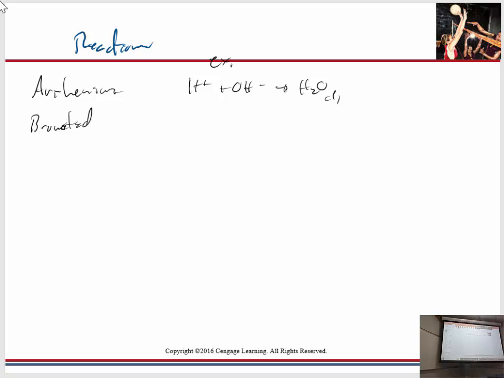And so we could have things that look like metathesis reactions. This would give us sodium chloride and water, salt and water. Or we could have things that are less like metathesis.